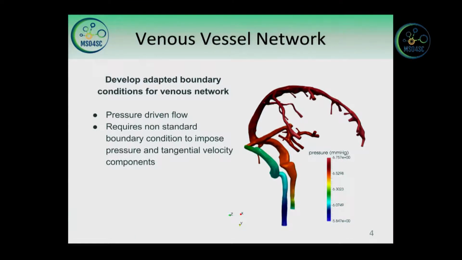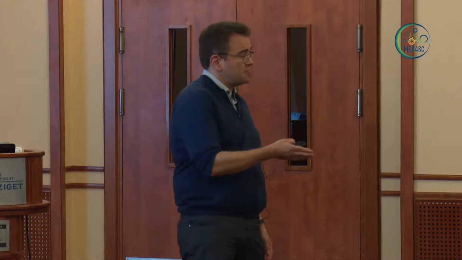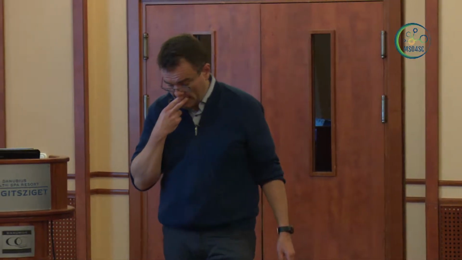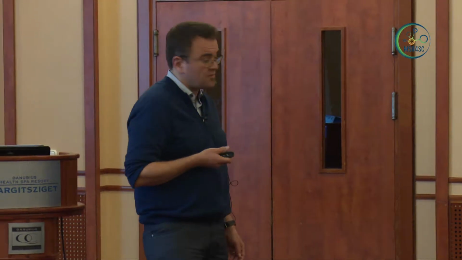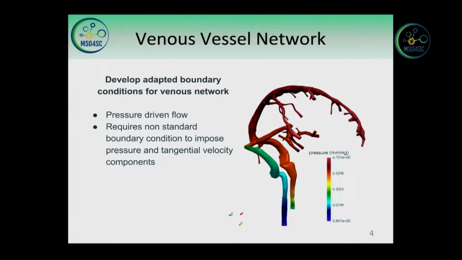This is a recent work which has been published in CMAME, where we did the theoretical as well as the numerical assessment of this boundary condition. Here we can impose pressure, but in order to impose pressure, you need also to complement this condition to control the tangential velocity components. They have to be zero.